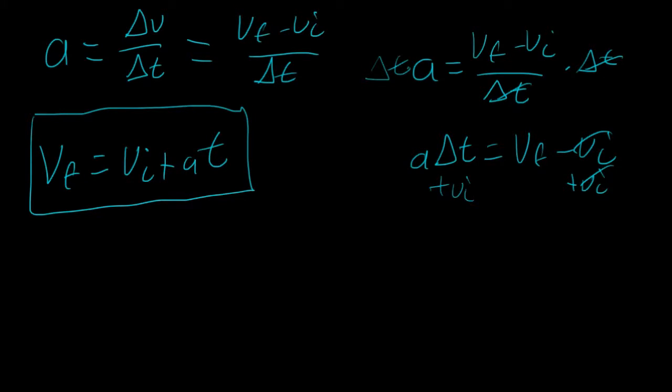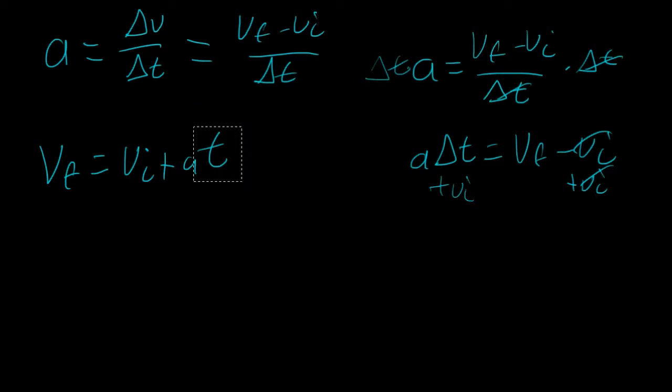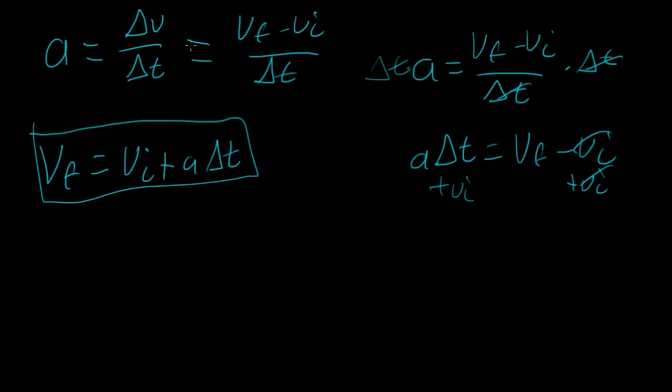I keep forgetting to make this delta t. There we go. Okay, there's another new equation for Vf, Vi, a, and delta t. We'll use it in just a moment, so make sure you write it down. It's not hard to arrive at. You should be able to derive this if you absolutely needed to.